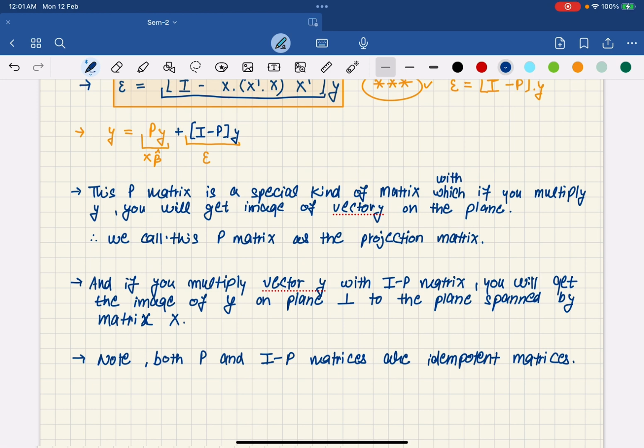Okay, it means P dot P equals P squared equals P, and I minus P times I minus P is equal to I minus P. This is the property of idempotent matrices.